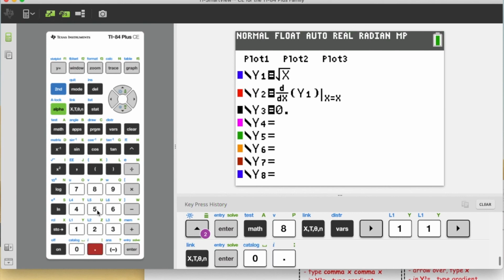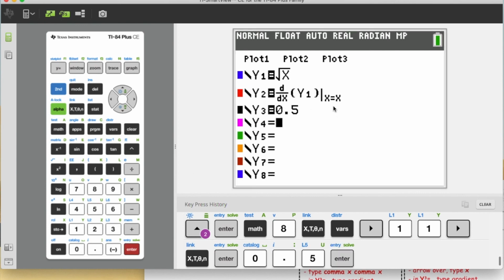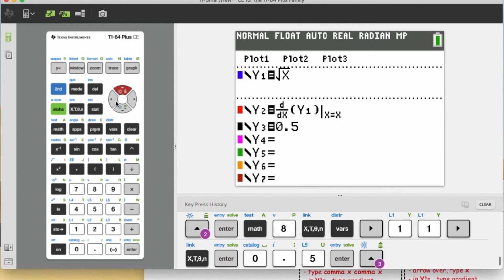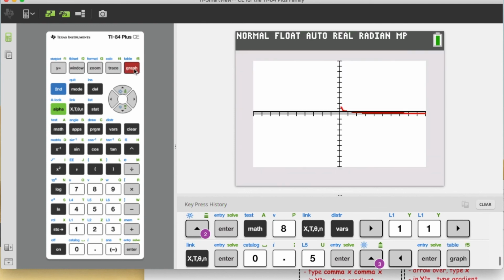So imagine I am looking for when the gradient function is equal to 0.5. We will solve the system of equations graphically. Because the first function is irrelevant, we can scroll over to highlight the equal sign to turn off that graph, and then press graph.